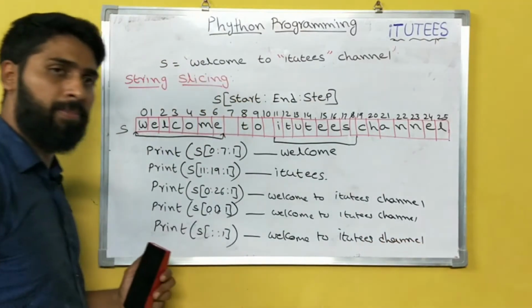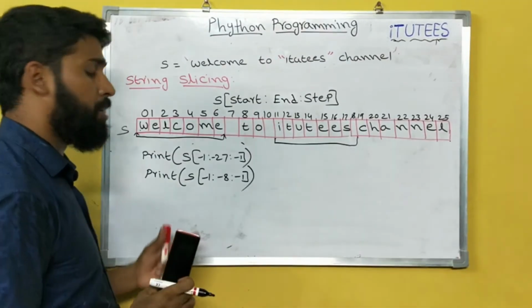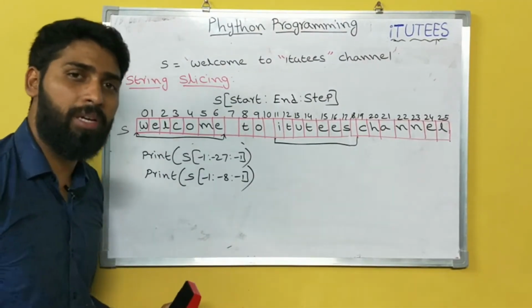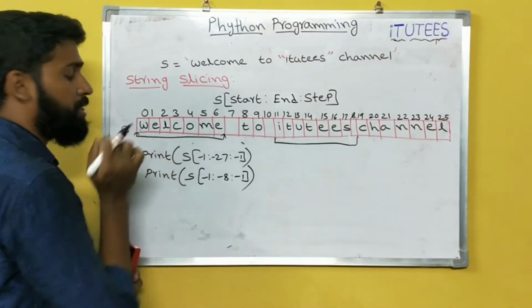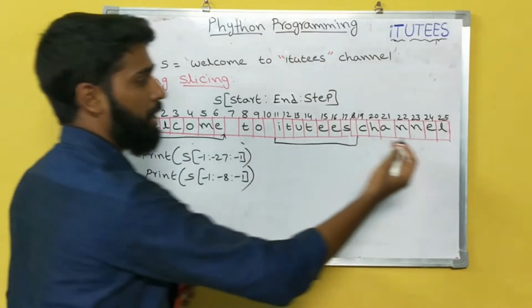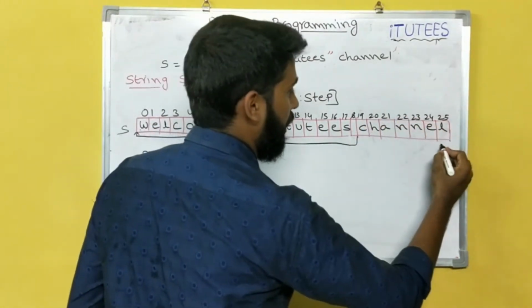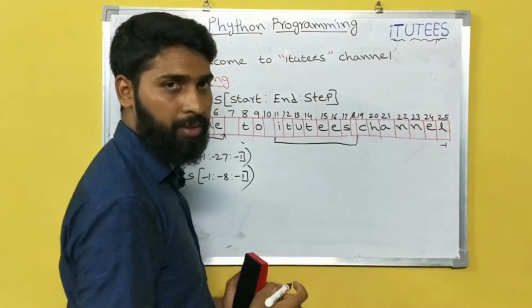That's it. So now we can see more slicing operations. Now we can see how we can print a string in reverse order. The first character is represented with 0 index and the last character is 25. In Python, the last character is represented with -1.